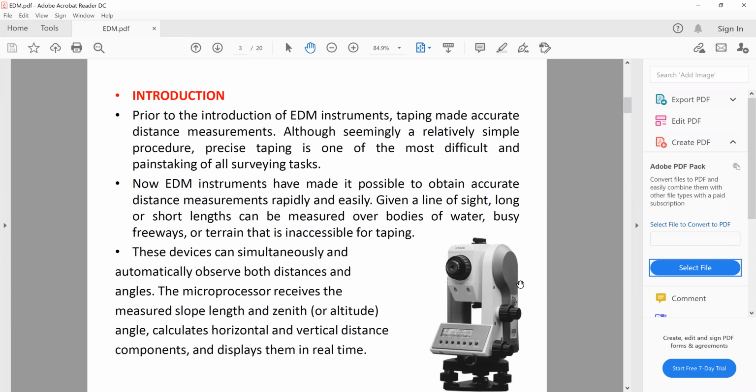So what is the significance of this method? If you don't use this method, then most often what you use is a measuring tape. And as you have studied in your previous semester, when you measure using a measuring tape, in order to make it accurate, you have to apply a lot of corrections. So we have sag correction, pull correction, slope correction. All of those corrections you need to apply if you want to make that reading reliable.